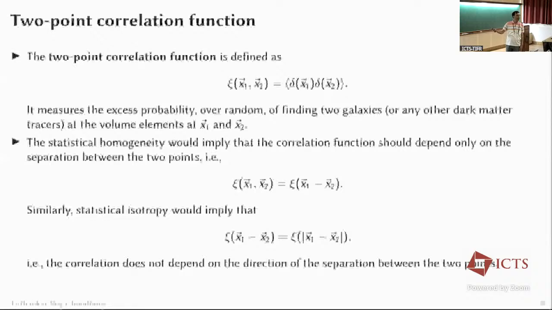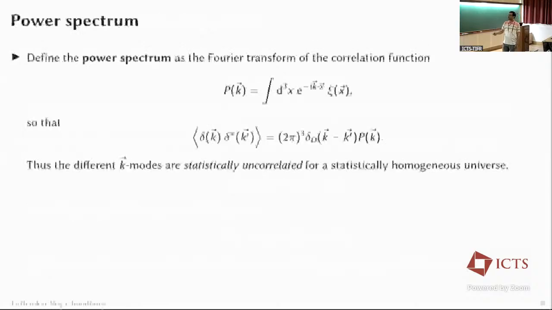You know that delta x is written in terms of the Fourier transform, which will give you delta k, and similarly with this. If you do some algebra, you will see that this power spectrum turns out to be given by this form. So it is basically the ensemble average of delta evaluated at k times the complex conjugate evaluated at k prime.